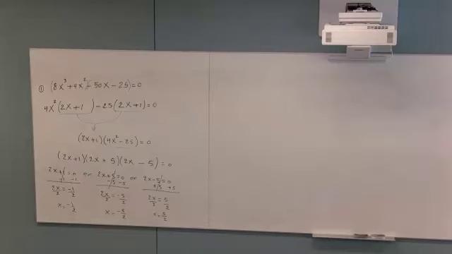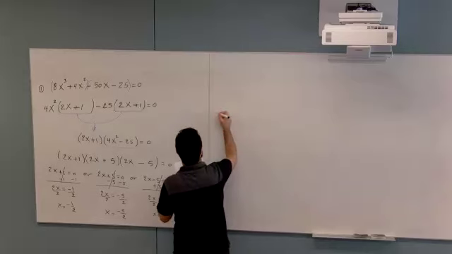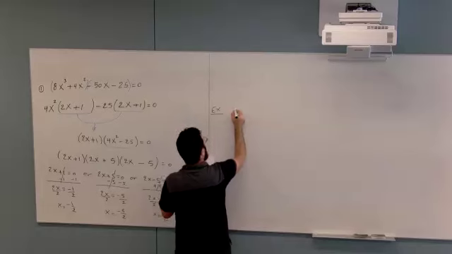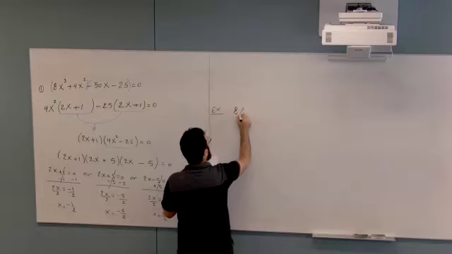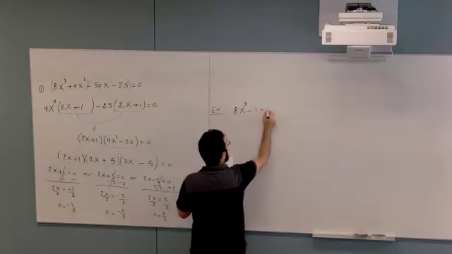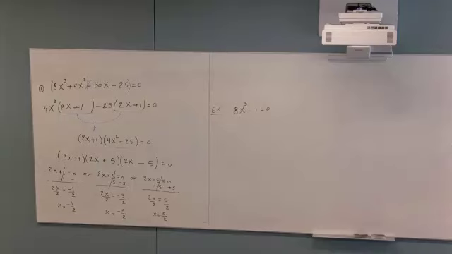You'll see with the next example, I'm going to give you 2 rules to solve this one. Write down the question here. How are we going to solve 8x cubed minus 1? You're going to tell me how we're going to solve this one.